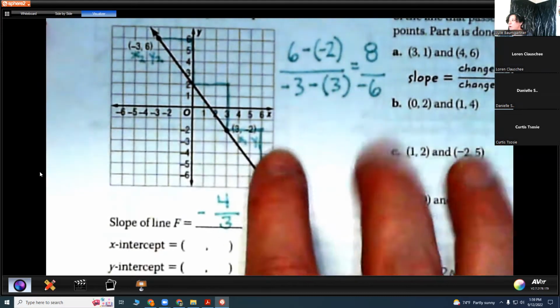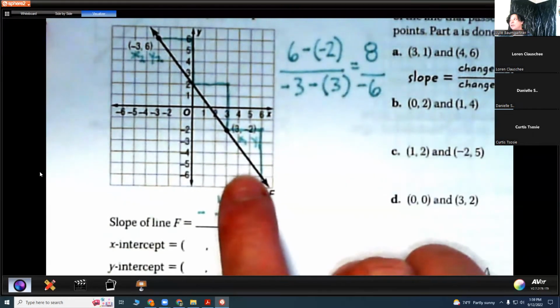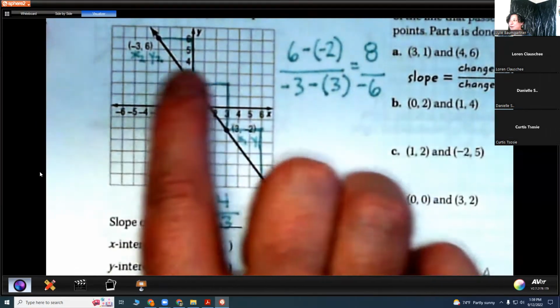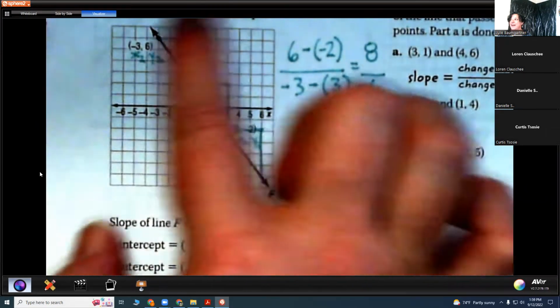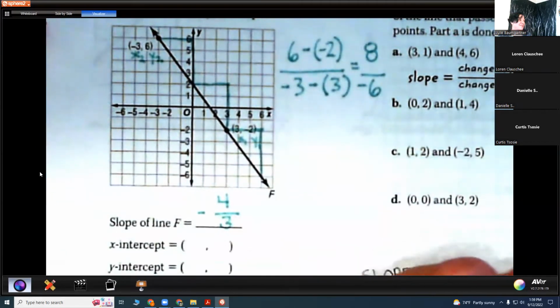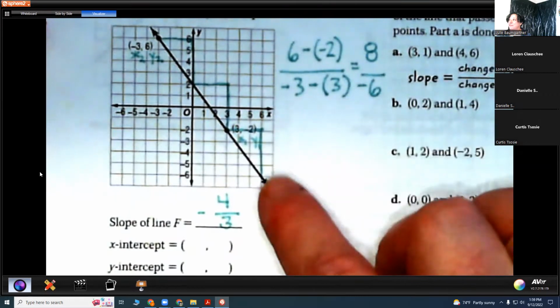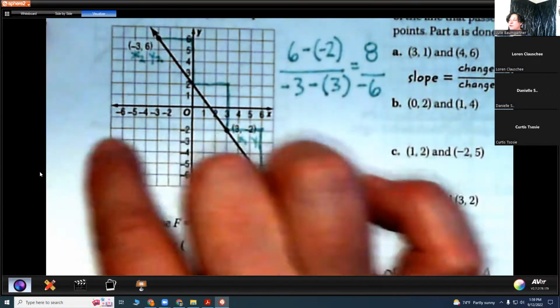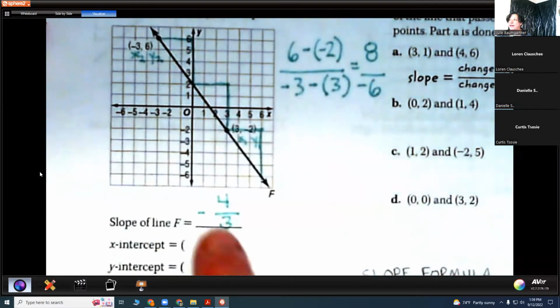If you're more visual, you could figure it out in a zigzag way to find the slope: how much are you increasing? And remember, if you're going to the right, then it's negative. If your x is going to the left, it'll be positive.